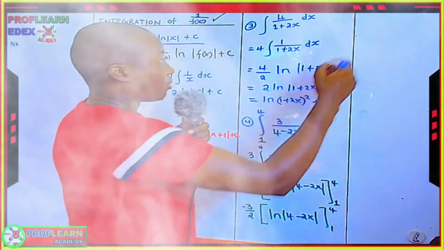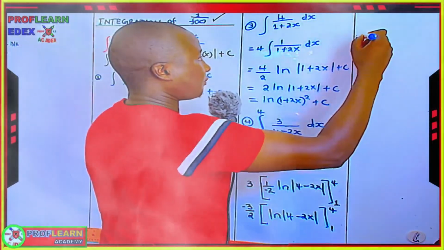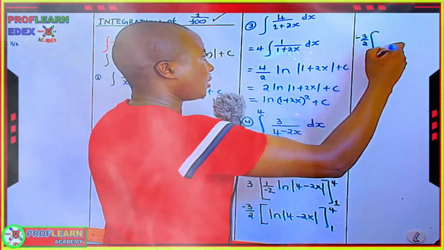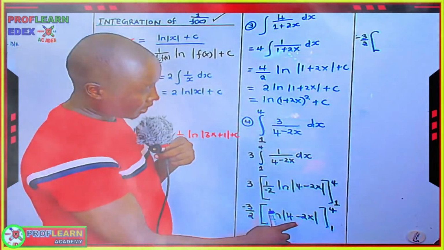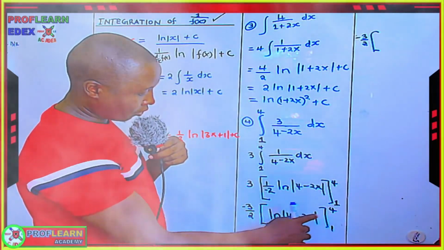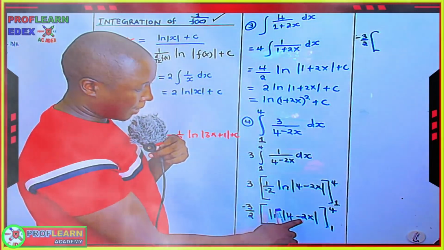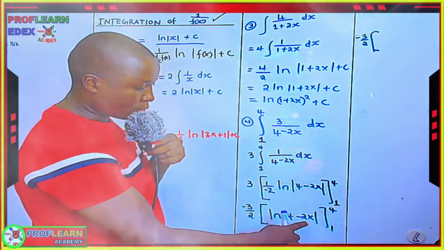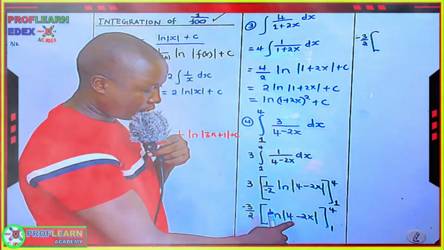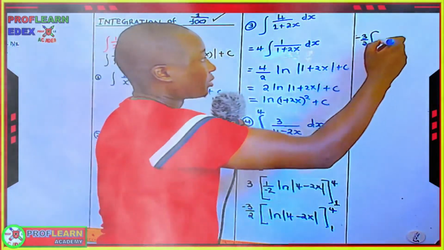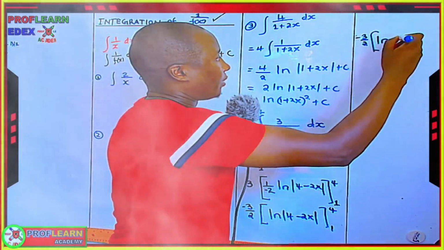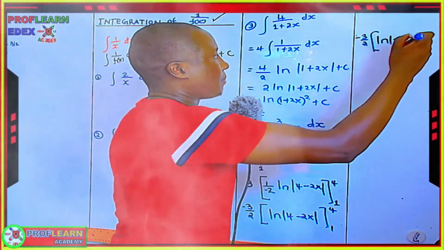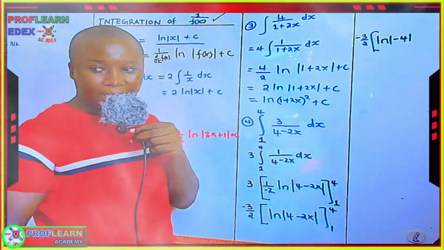So meaning we are going to have our expression as negative 3 over 2 into brackets. Substituting 4 here, it will be 4 minus 2 times 4. This is going to be minus 8 here. So 4 minus 8 will be negative 4. So the first part will be ln of negative 4. But remember, we have absolute signs there.